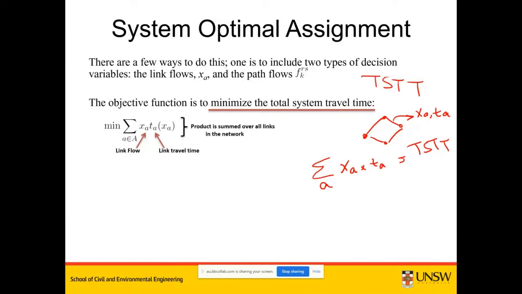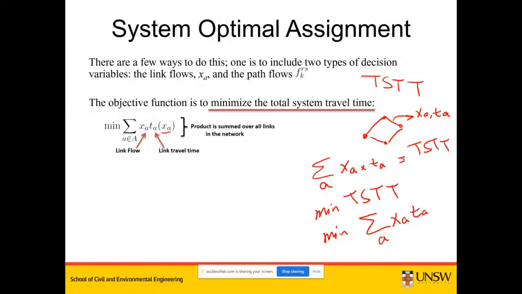The objective function in system optimal assignment is basically minimizing this TSTT, which means minimizing the summation of xa multiplied by ta, over all the links in the network.